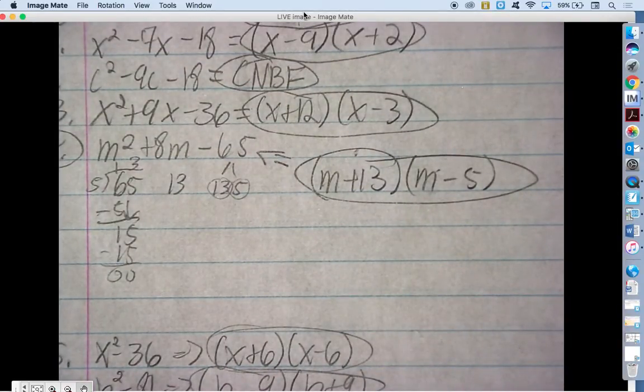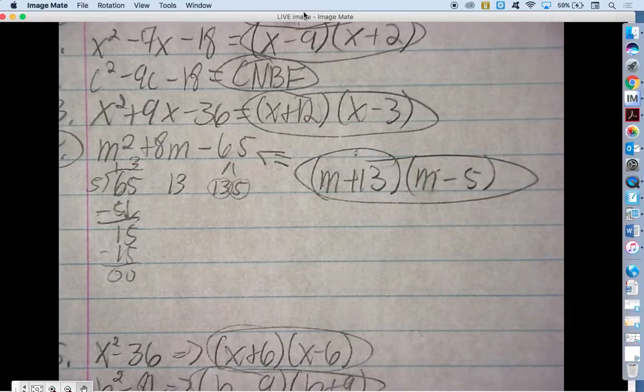All right, ladies and gentlemen, if you will look at your number 14. All right, Truth, you ready? 14?